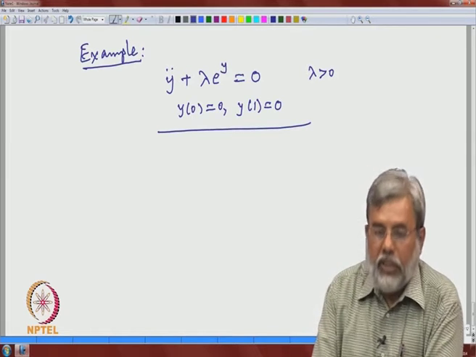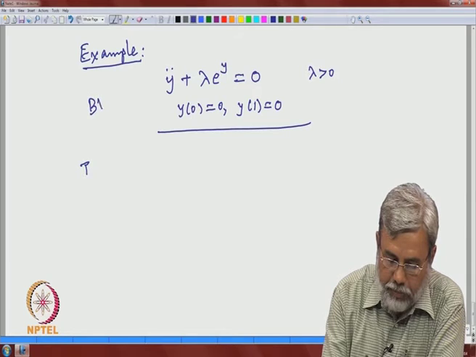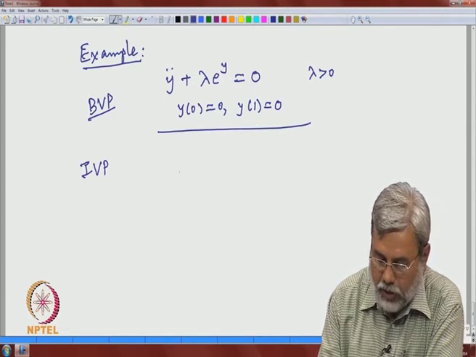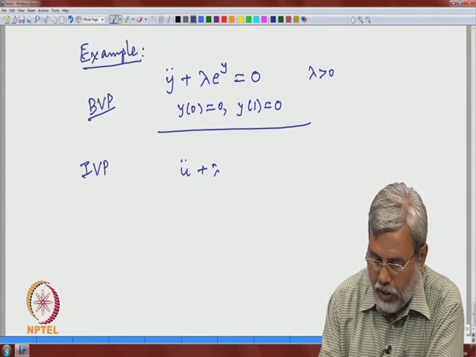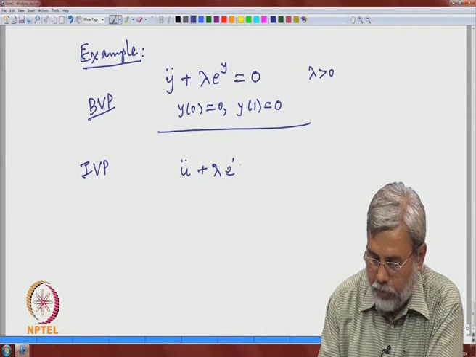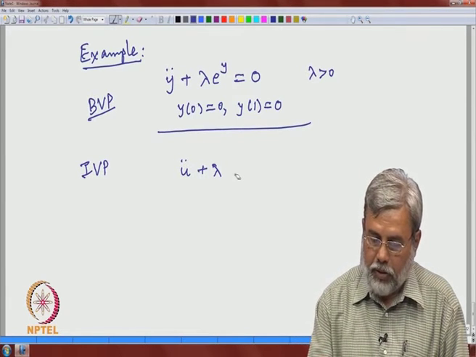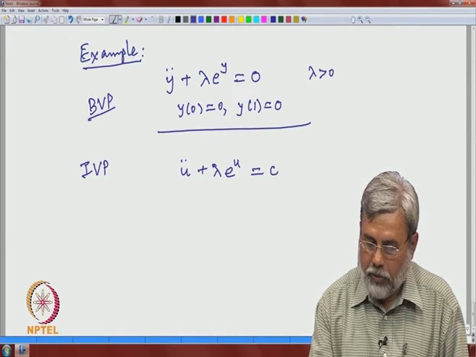I approach this boundary value problem, this BVP, via an initial value problem, this IVP: u double dot plus lambda e^u equal to 0.